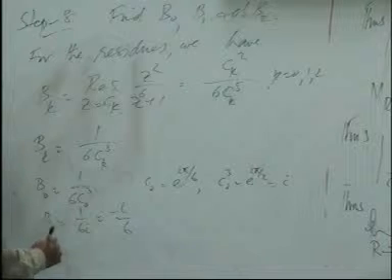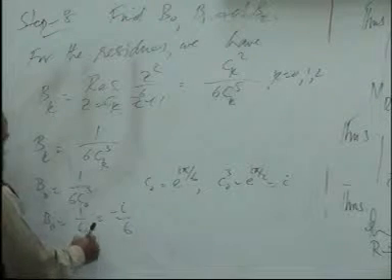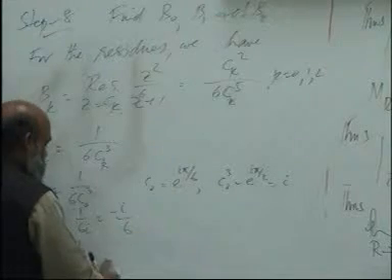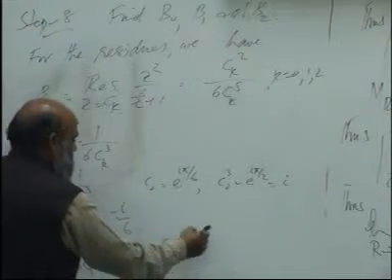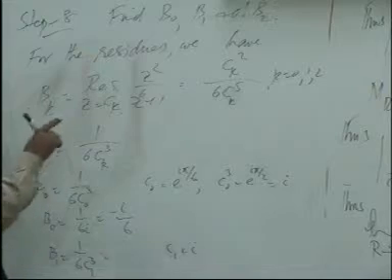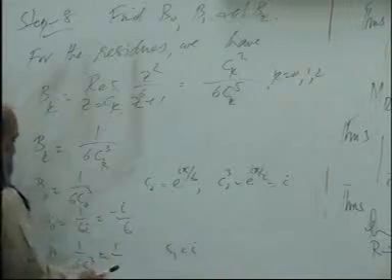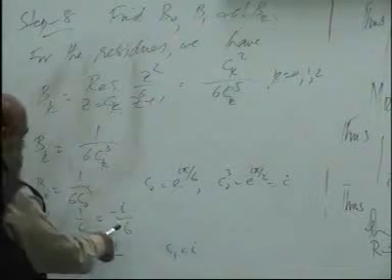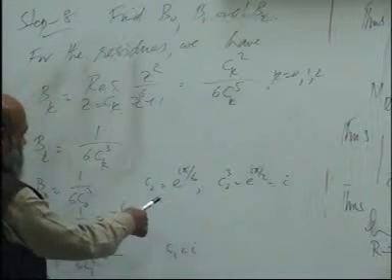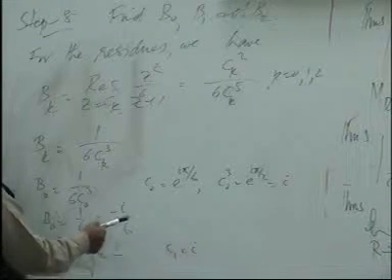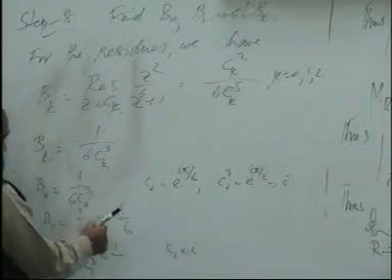Okay. So what is B1? B1 is 1 over 6 C1 cube. C1 is equal to iota. This is given. Iota cube will be minus iota, sorry for that.